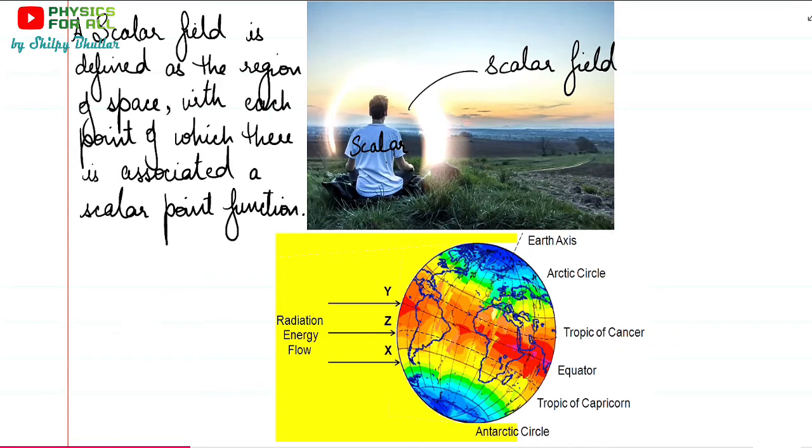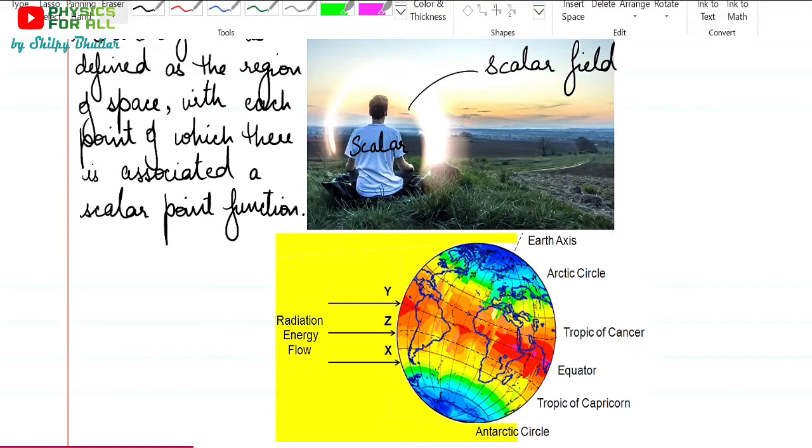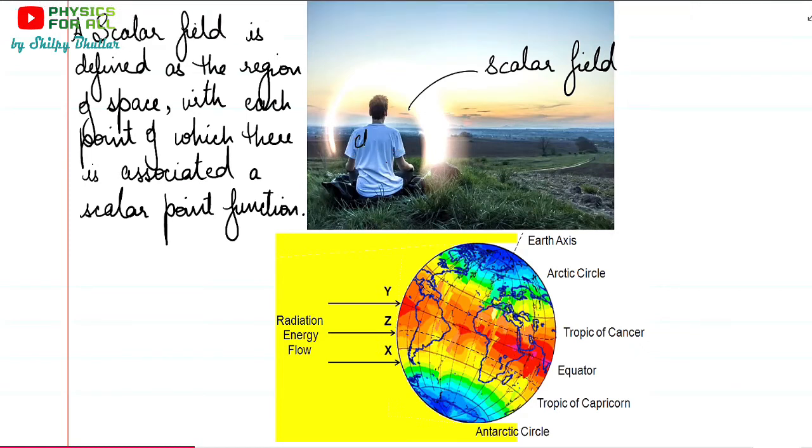So if the man in this picture depicts a scalar, and this is basically a charge, which is a scalar quantity, then in the area around this charge we can experience its electric field. We know that around charges there are electric fields associated with them.